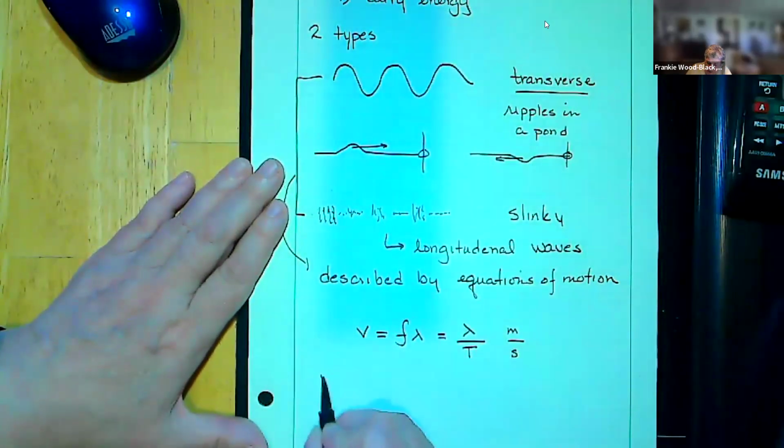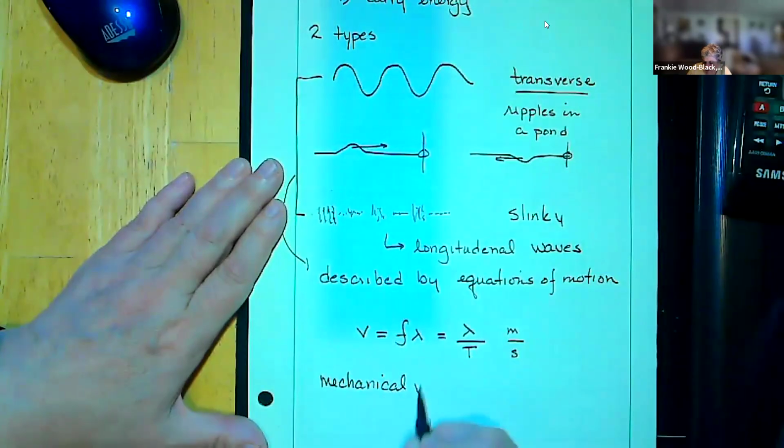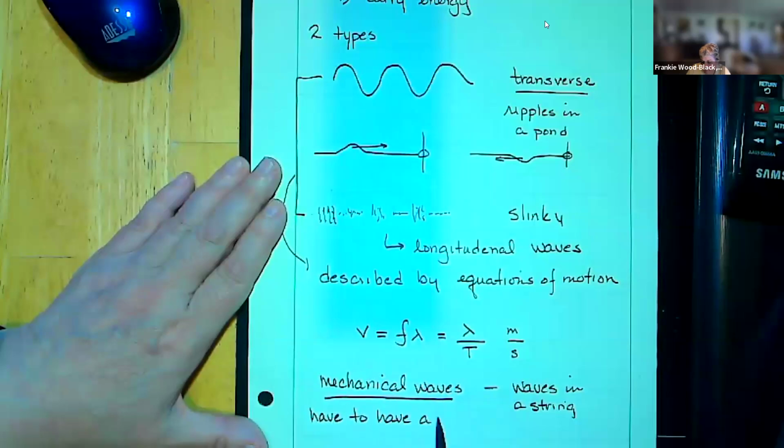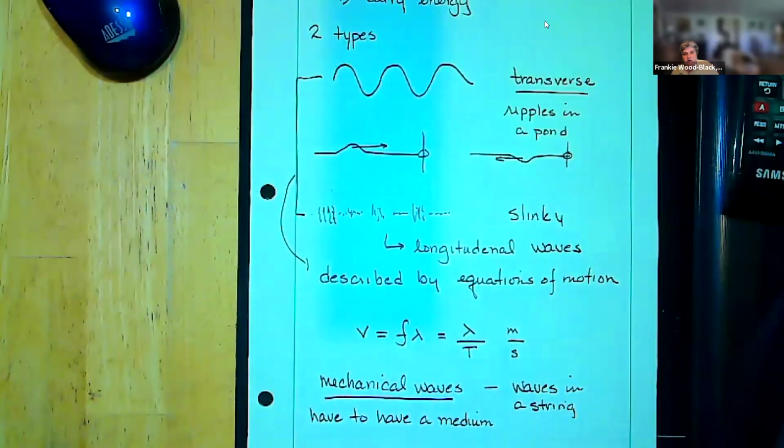We are going to start talking about mechanical waves. And so think of waves on a string, in a pond. Mechanical waves also have to have a medium, meaning they have to have air, a string, wood, steel.